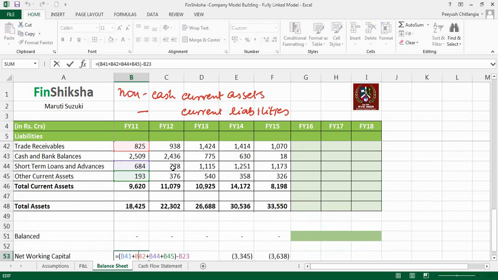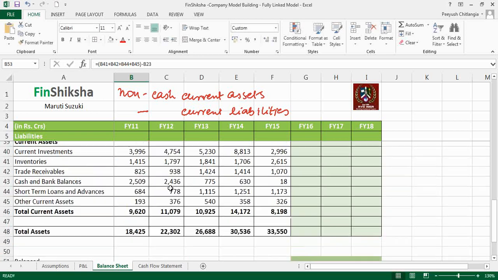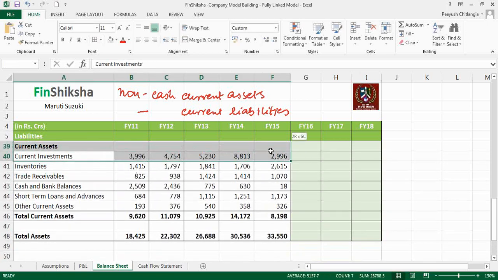If you look at this, this includes inventories, it includes trade receivables, it includes short-term loans and advances, and includes other current assets. It does not include current investments, which are in a form of cash equivalent. This is a sort of cash equivalent for the firm. They can sell this and immediately make it into cash, and this is the cash. So these two are not included when you are making your calculation of non-cash current assets, correct? That's what your working capital calculation is.